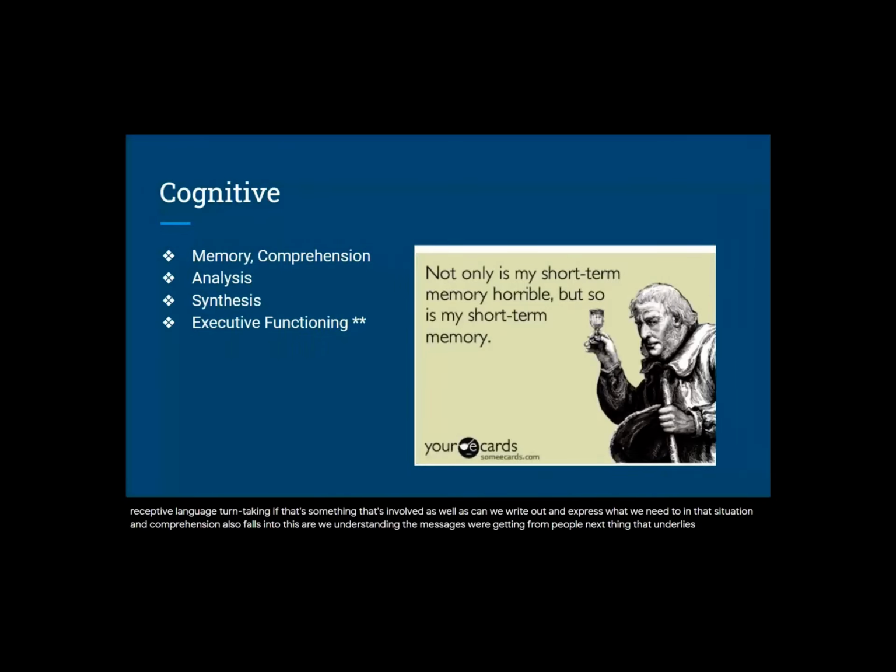Cognitive is the next thing that underlies most of these things. And this is where I was talking, we have to be able to sequence and put steps in order, but also memory and comprehension. I threw that in, it kind of bridges a little bit between communication and cognition. Being able to analyze a situation or synthesize new information.